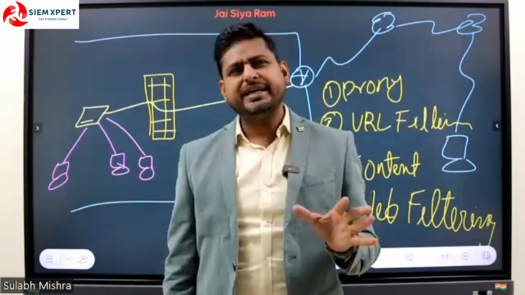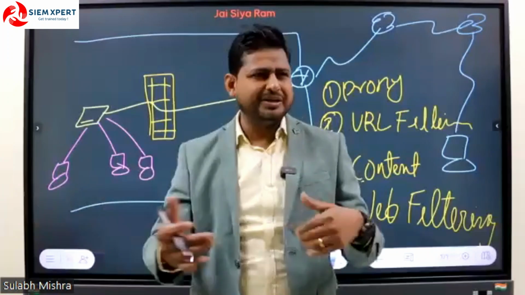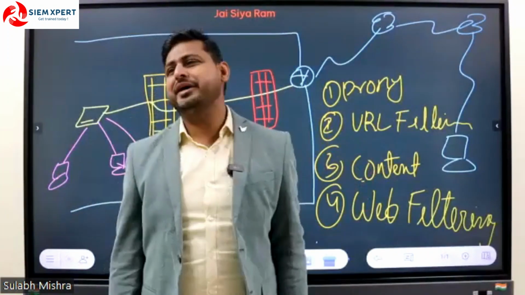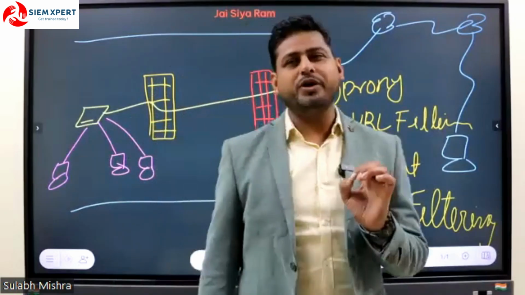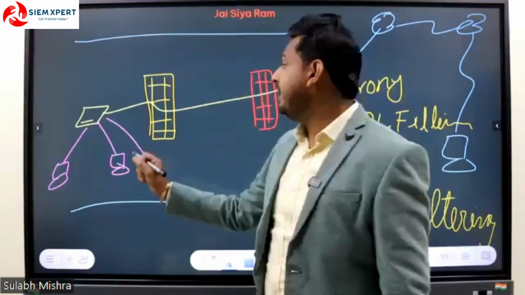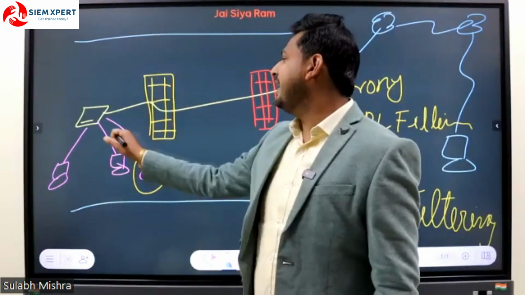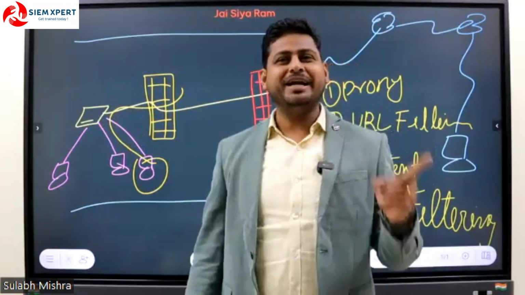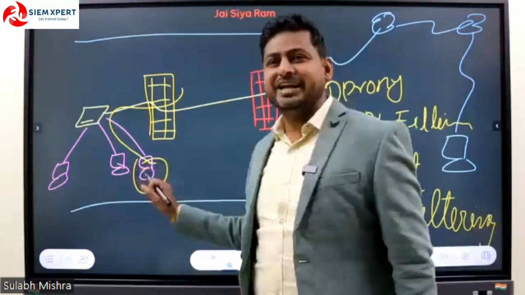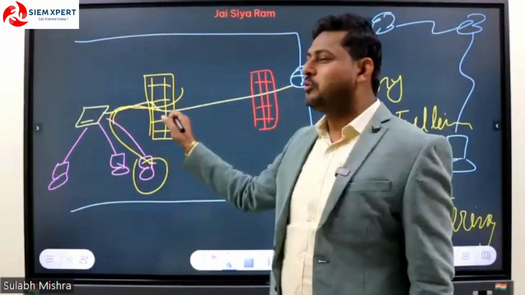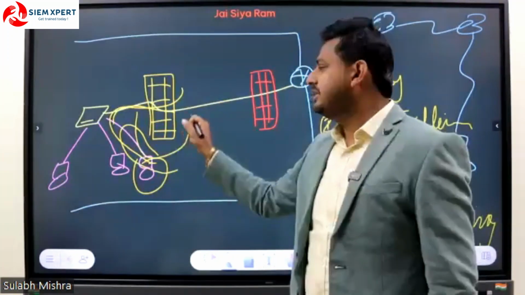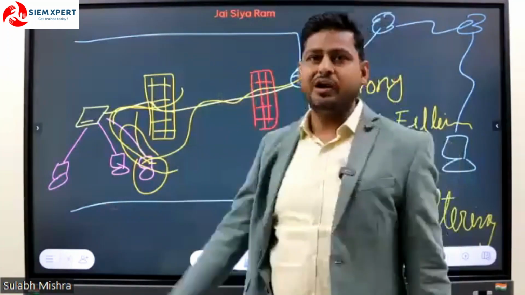However, in other cases you may use the proxy for other ports also, but from a content filtering or URL filtering perspective, the proxy should be used on port 443 or 80. That means it will intercept traffic whenever any connection is going on port 80 or 443. Anybody accessing any URL, the connection will go through the proxy. All other communication on other port numbers will bypass the proxy and go directly to the firewall.